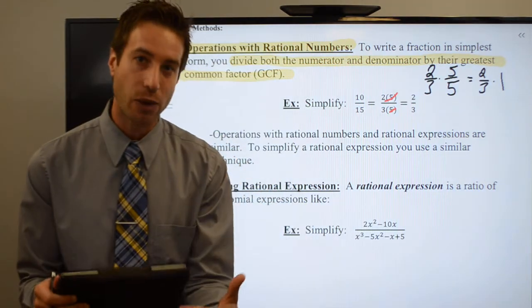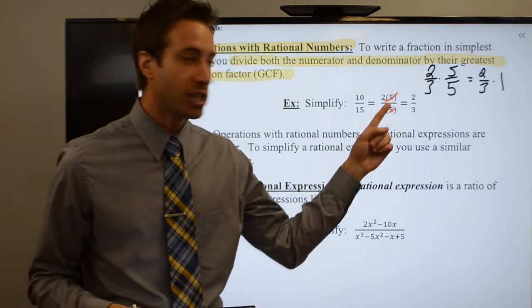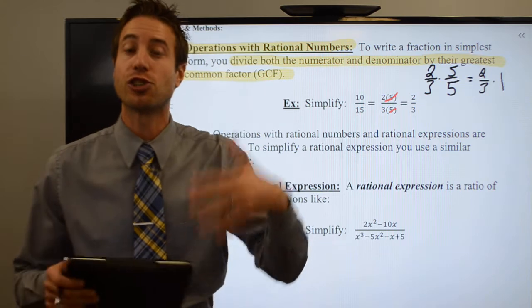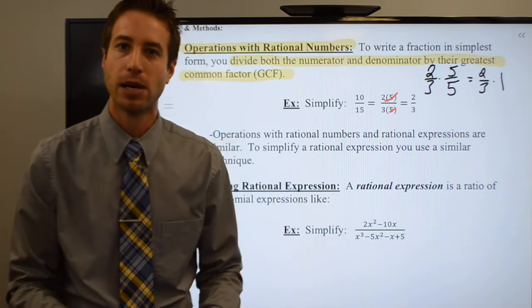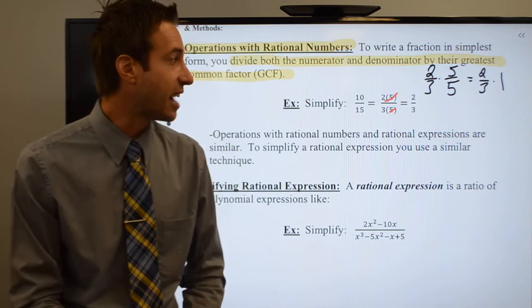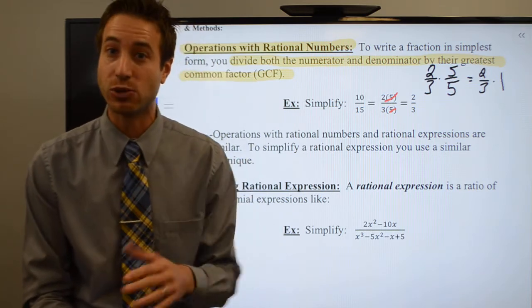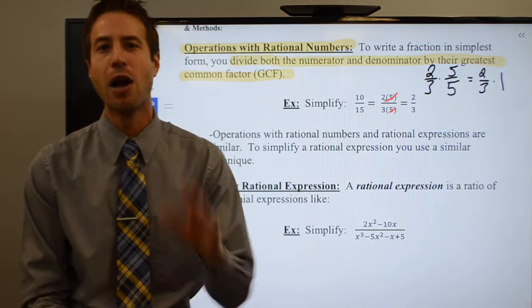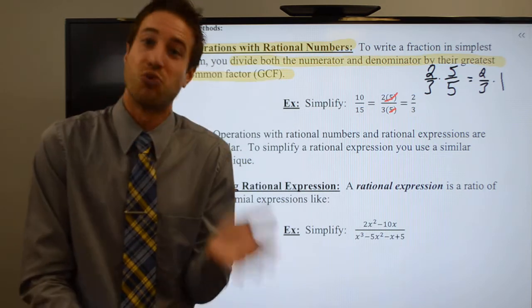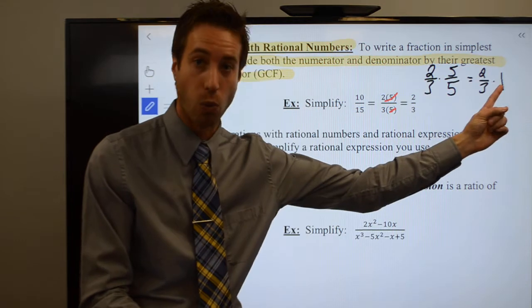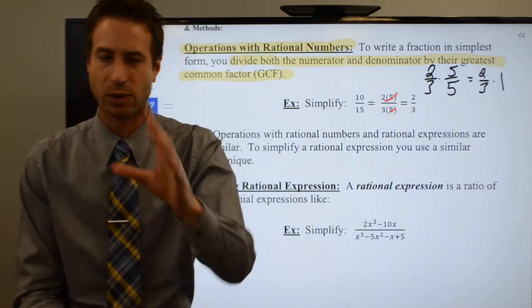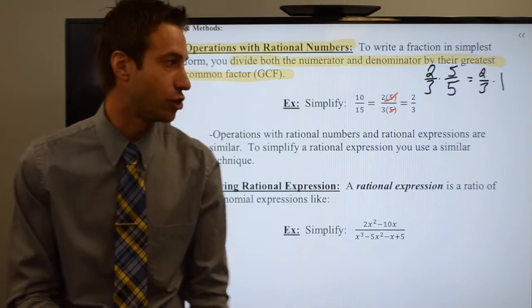Really, that's not what's happening. That GCF is just turning into a 1. And any number times 1 is itself. And so while I'm going to say, oh, those GCFs cancel out, please keep in mind that that's not really what's happening. Those GCFs become a 1, and you're just left with whatever else wasn't the GCF.